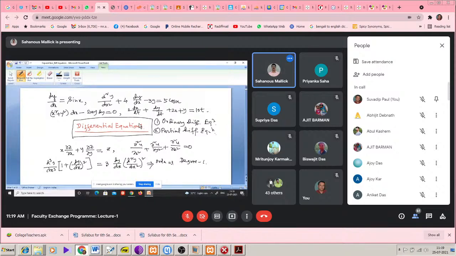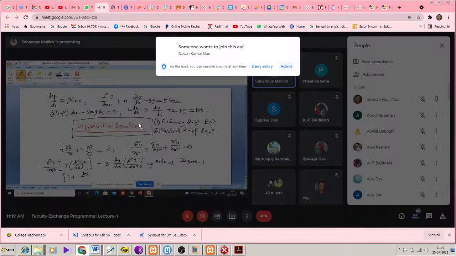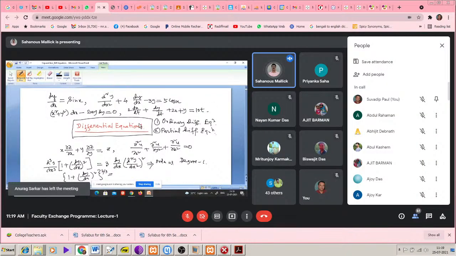In another example, (1 + (dy/dx)²)^(2/3) = d²y/dx².